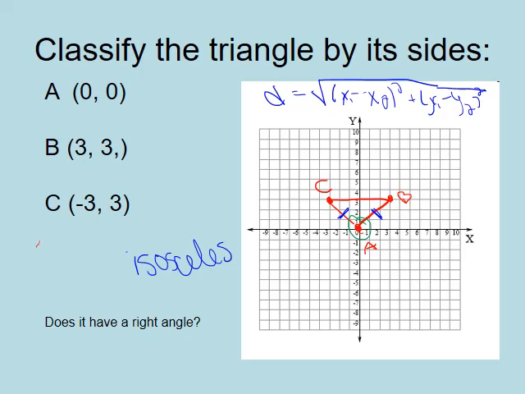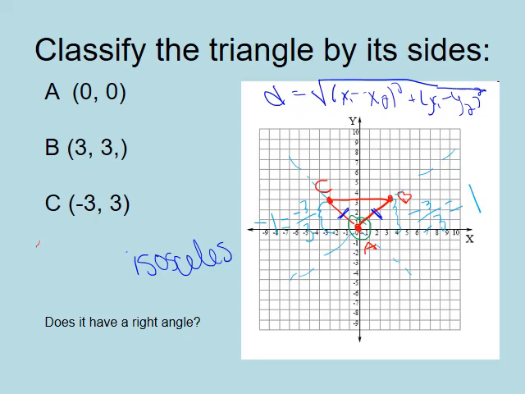In order to double check that, we would have to check the slopes of the line segments AC and AB. The slope of the line AC is down 3, to the right 3, so the slope is negative 1. Then the slope of AB is down 3, so negative 3 over to the left 3 is negative 3, which turns to a positive 1.